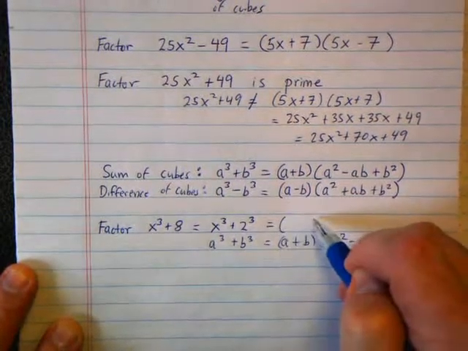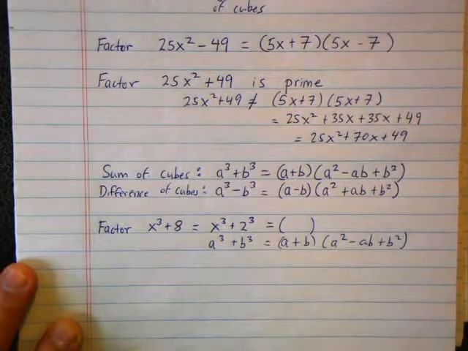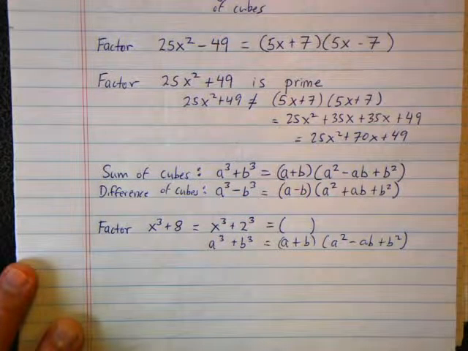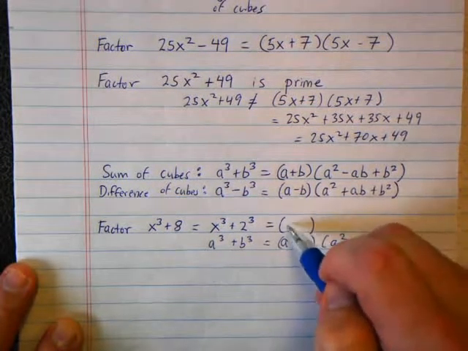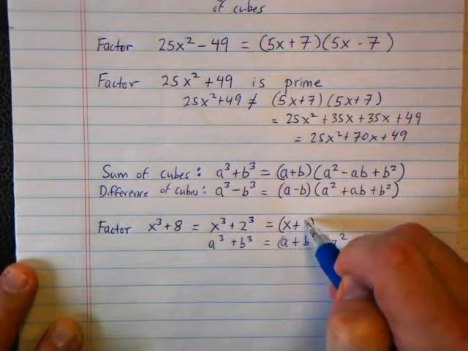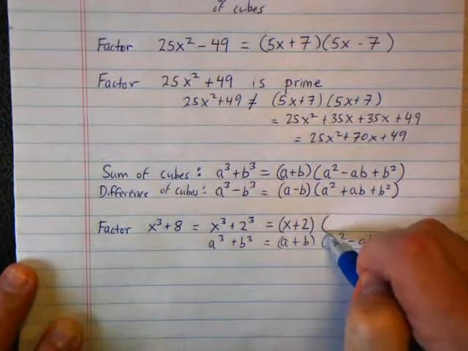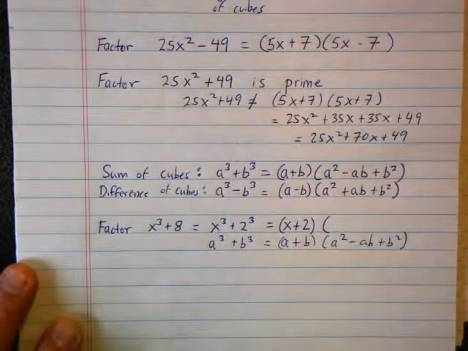So my answer is, what's A plus B? 3. Not 3, because A is X. So it's X plus 2. What's A squared? X squared.